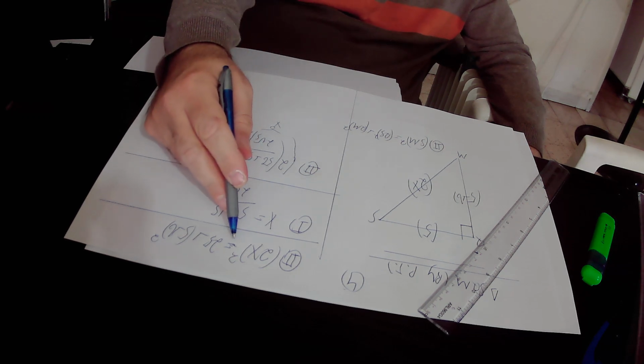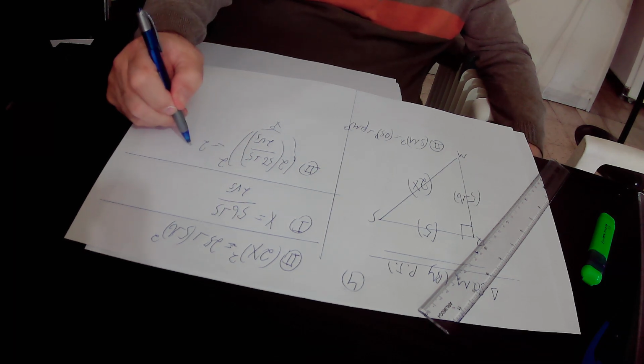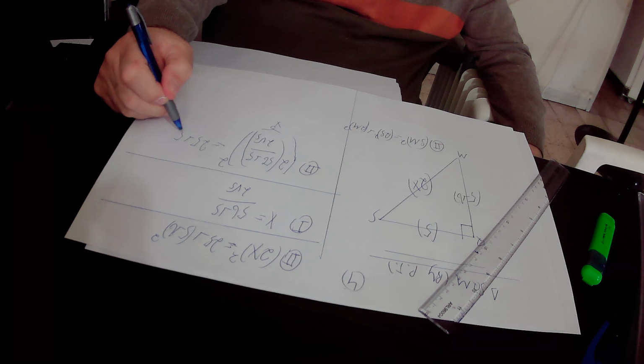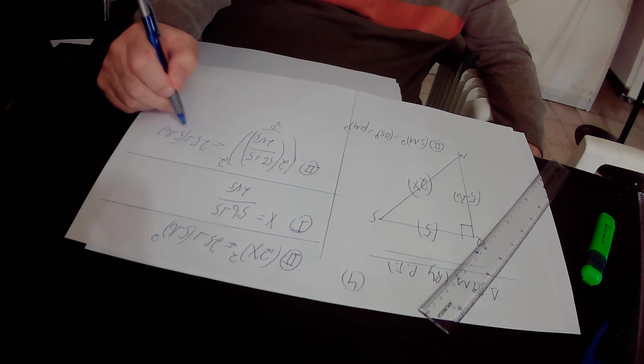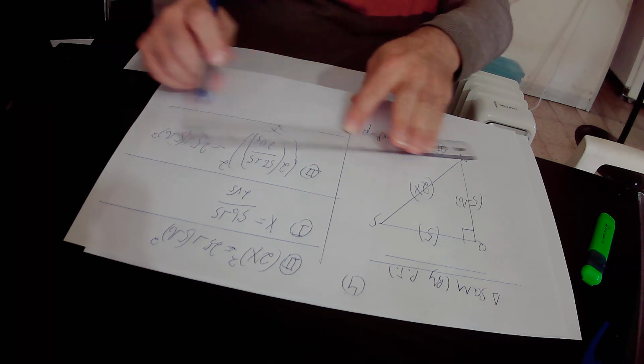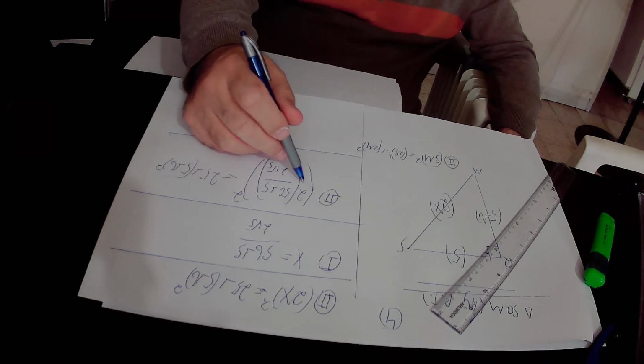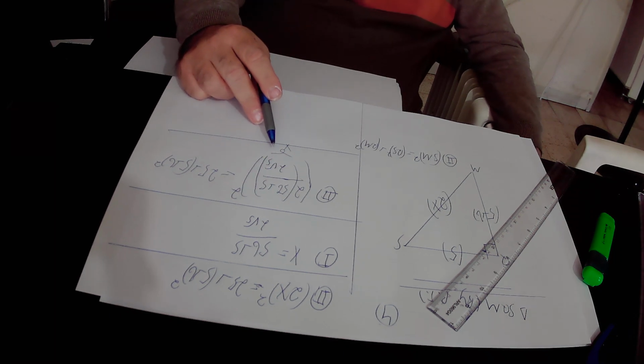And this equals 25 plus (5 plus b) squared. We focus on this side of equation number 2.